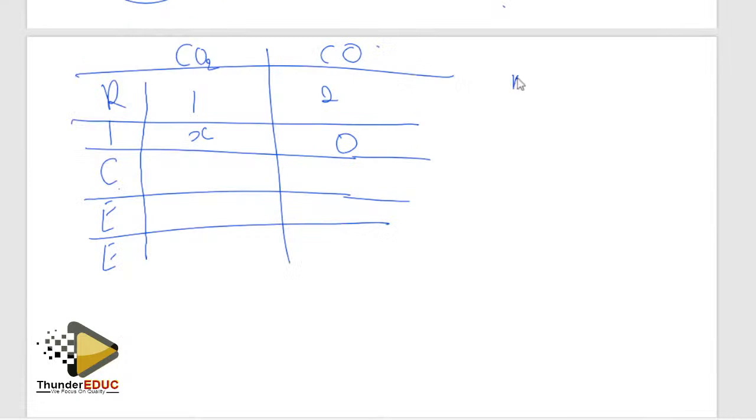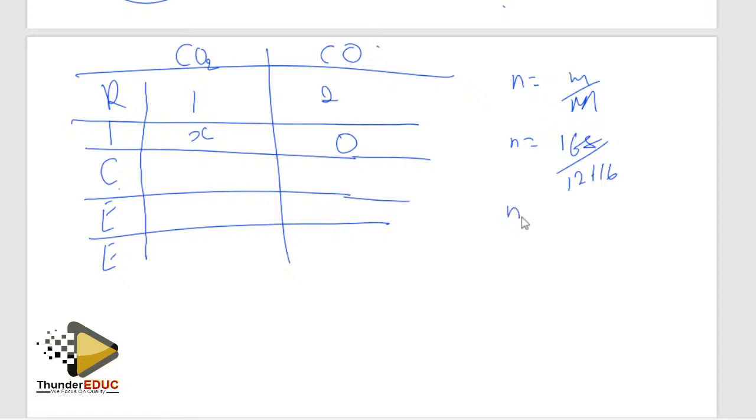Carbon monoxide number of moles is equal to mass over molar mass, of which the number of moles is going to be 168 over the molar mass of carbon monoxide, which is 12 plus 16. You understand? So which gives me 28.